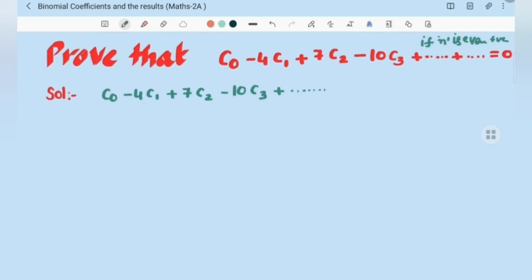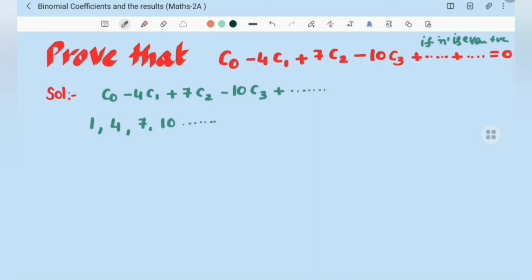What is the difference between the previous problem and this problem? In the previous problem, the nth term is given. Here, the nth term is not given. So here in this series, we observe that the C0 coefficient is 1, the C1 coefficient is 4, irrespective of minus and plus, the C2 coefficient is 7, the C3 coefficient is 10, and so on.